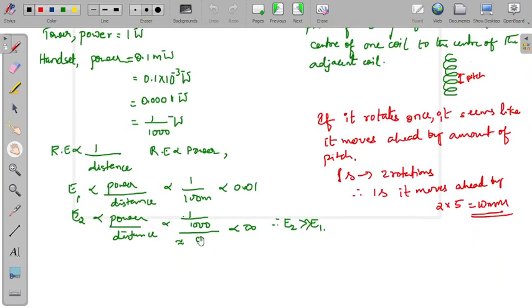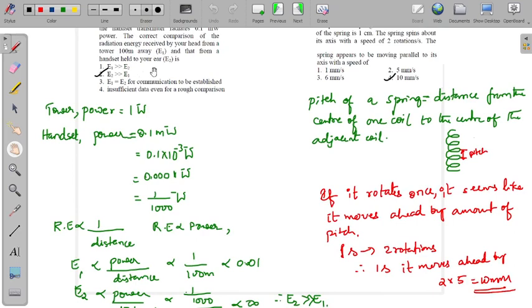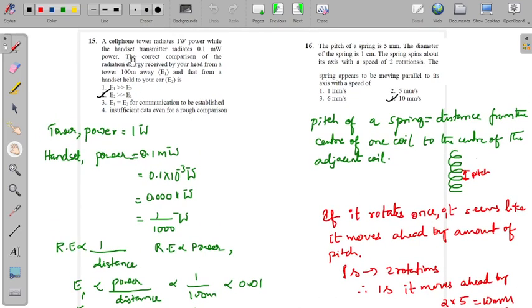So the distance is almost 0, and anything divided by 0 gives you infinity. So it is quite large. So the radiation energy you receive from a handset transmitter is much, much more than the radiation energy you receive from a tower, though it is 100 meters away. So second option is the answer.